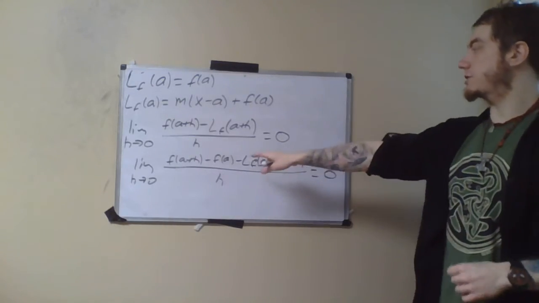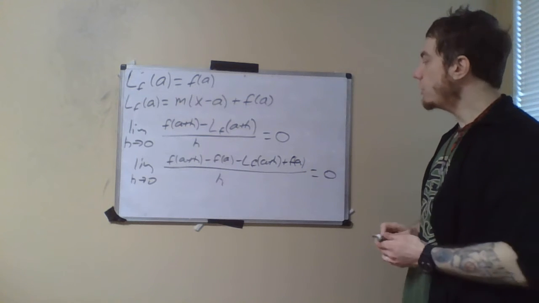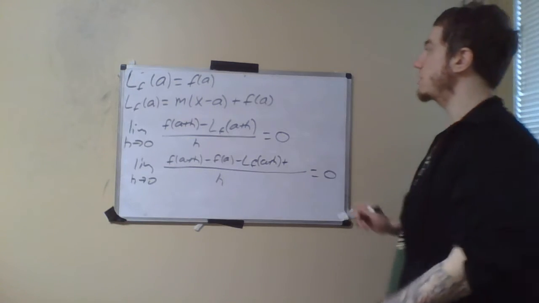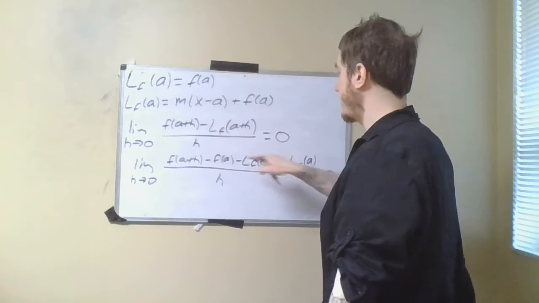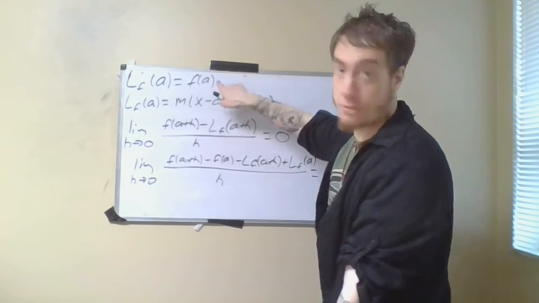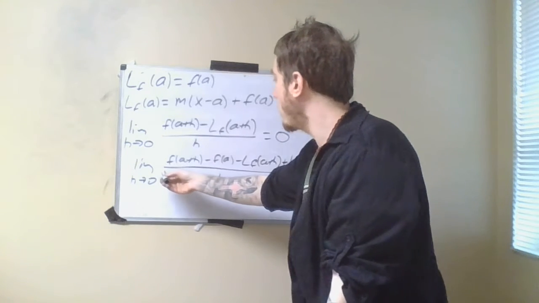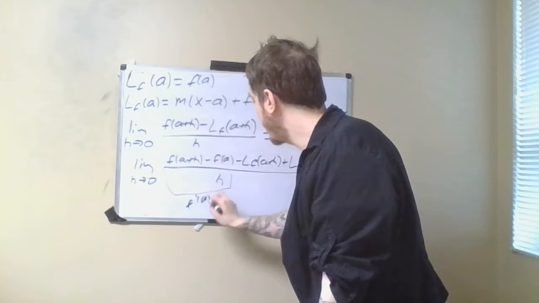So I've just subtracted f of a and added f of a. But look at what actually this is. Adding f of a here, this is actually adding LF of a, because f of a and LF of a are the same thing. And what that means is that what I have written here, well, this is just f prime of a.